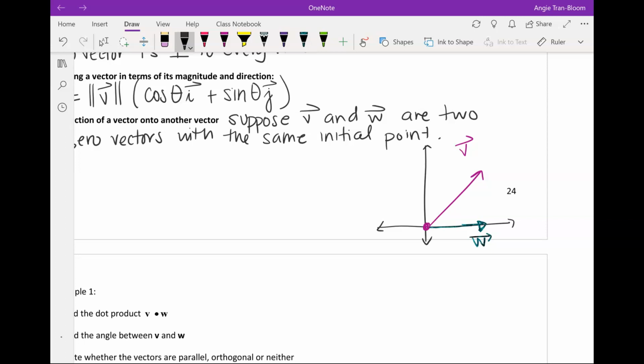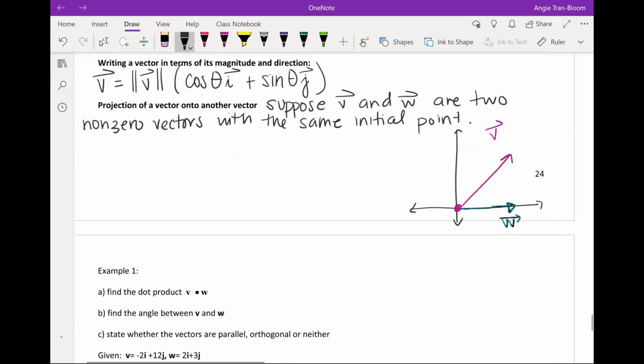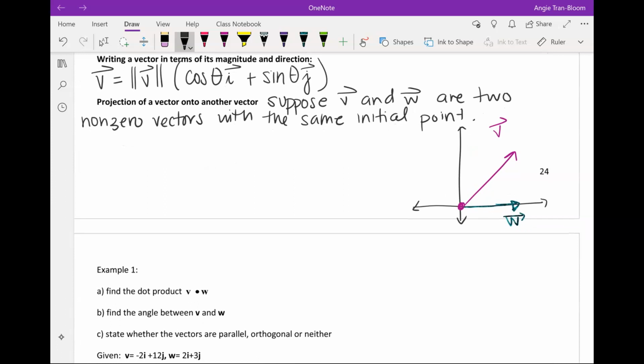Okay, v is decomposed. Decompose is another word for break it down. Would you guys agree? Break it down into v subscript 1 and v subscript 2.